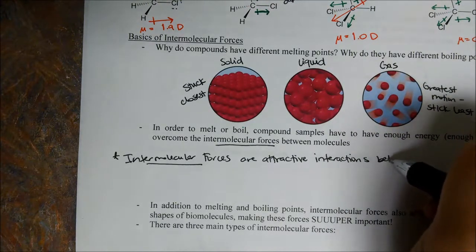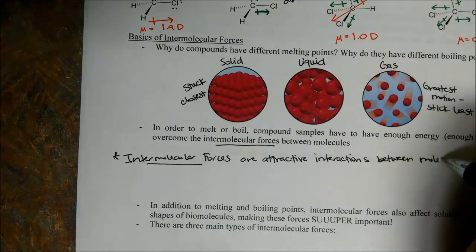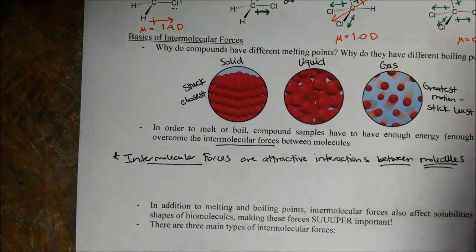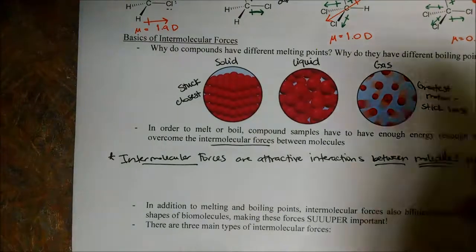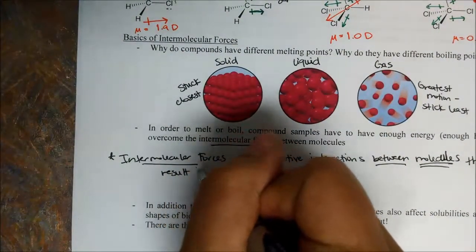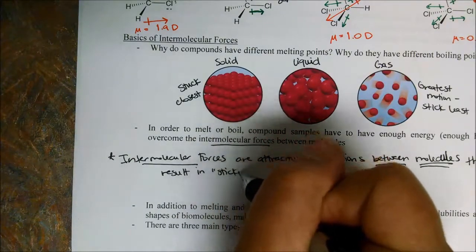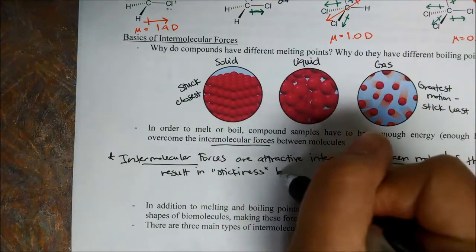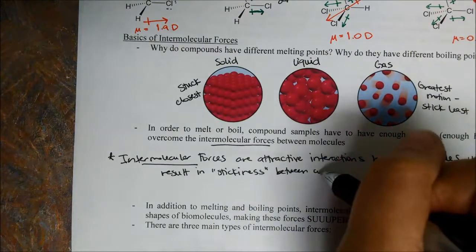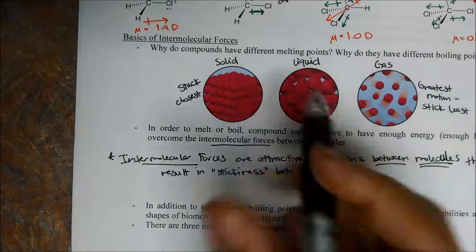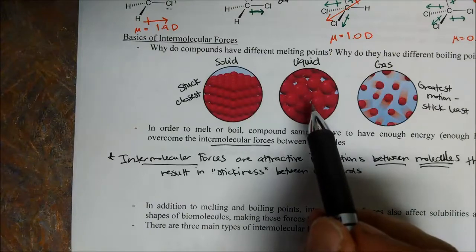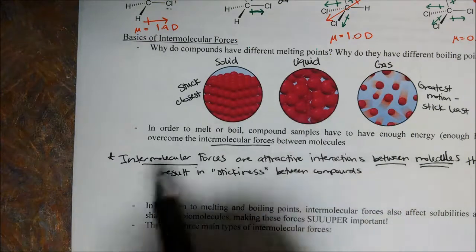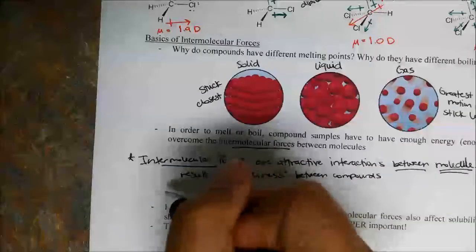Importantly, they're between molecules, and they result in what I like to call a stickiness between compounds. So again, there's something holding them all ordered like this in the solid phase, and those are intermolecular forces. Same with the liquid. Something holding them together, they're sticking together, and those are intermolecular forces. And again, these are importantly between molecules.